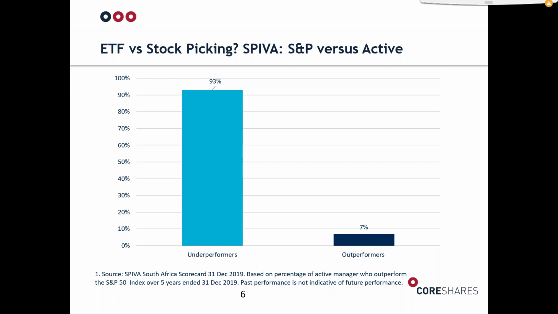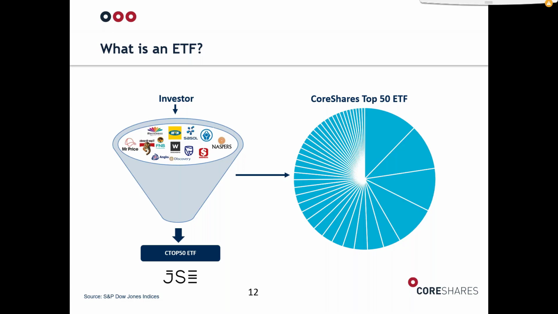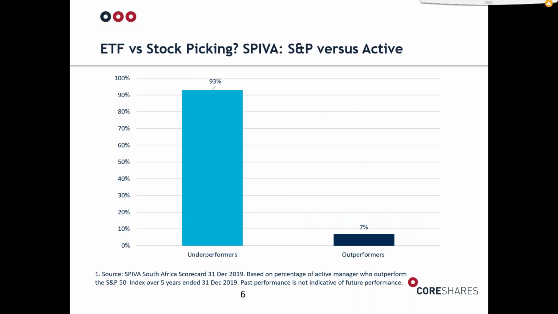We all know them: Allan Gray, Coronation, 91, who was Investec, Prudential, all these big brands that we see in the market. And it actually looks at how these managers have performed, some 230 odd of them, professional investors, relative to just buying a simple index like the Top 50. And what you find is that through time, it's very difficult to outperform the index.